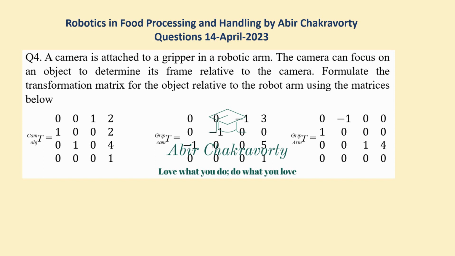Today we will be discussing the robotics applications in food processing and handling, and we shall see with the help of some examples how we can transform various matrices to get the relevant information.